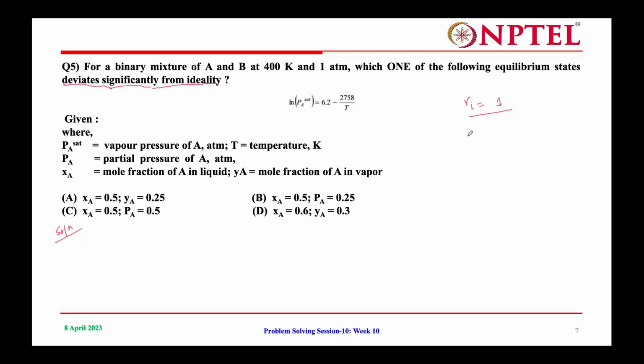So if in one of the options gamma is not equal to 1, that deviates significantly from ideality. So first calculate the vapor pressure P A sat by this equation. Put T here and you will get P A sat equal to 0.5 atm.